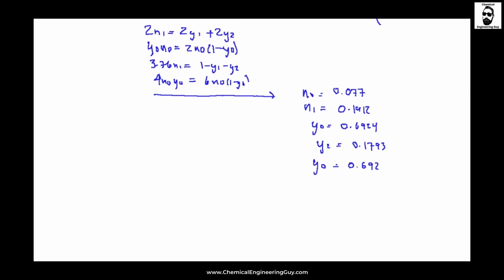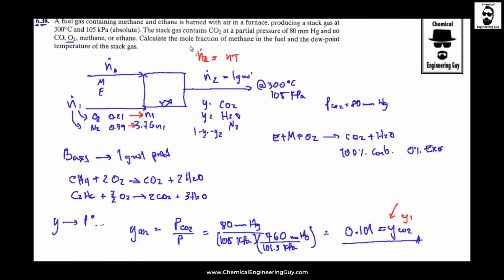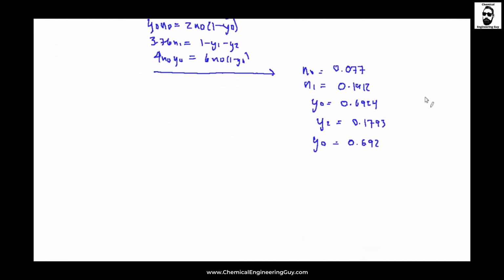So let me see what we are doing. Calculate the mole fraction of methane in the fuel. That will be Y0 here, 1 minus Y0 in the fuel, and the dew point. So Y0 is what we're asked for. This is our first value, and they tell you the dew point.